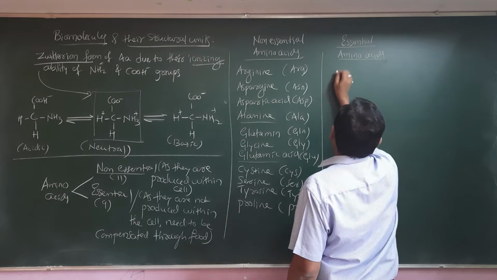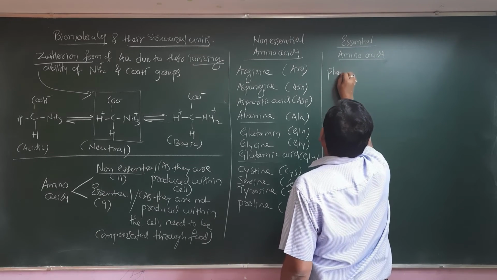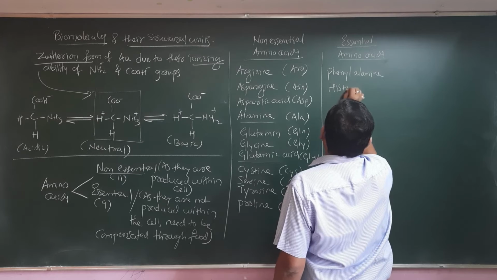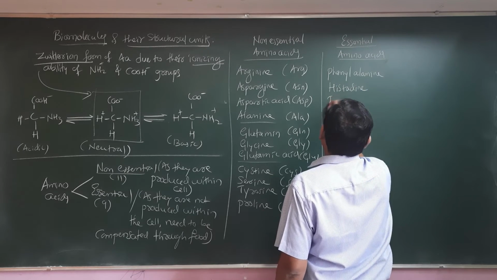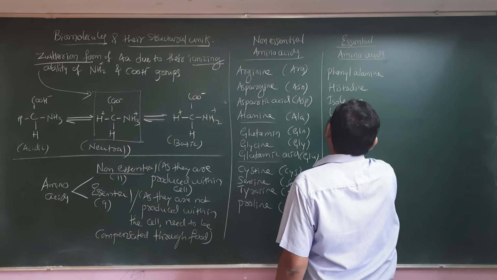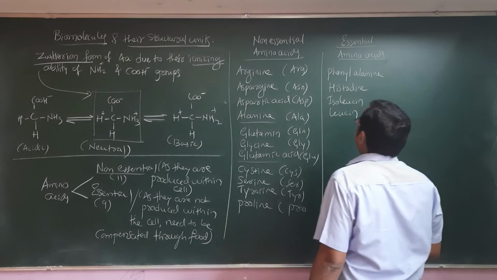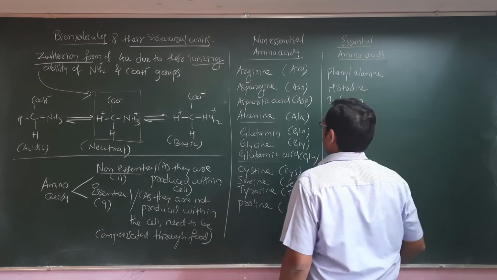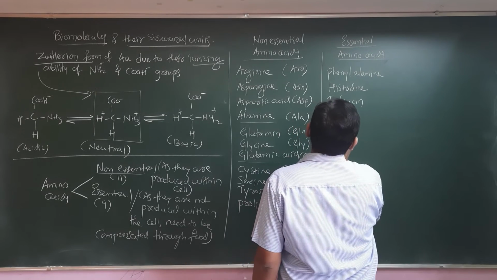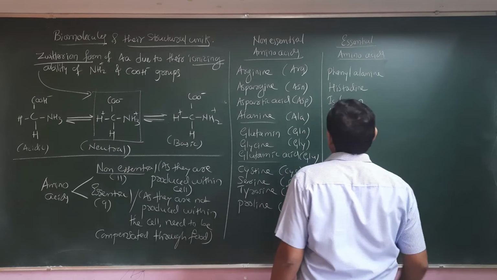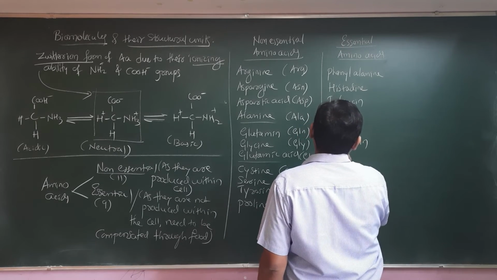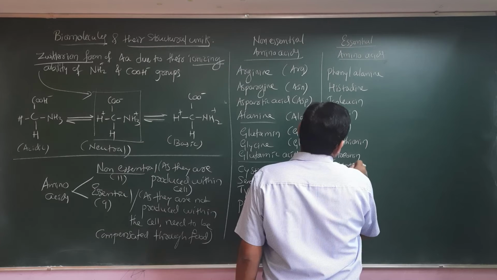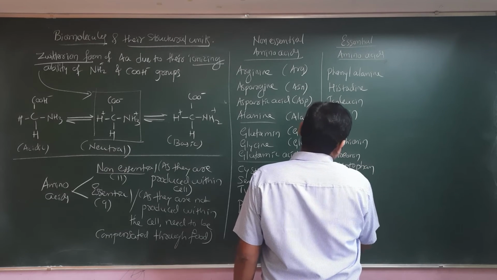They are phenylalanine, histidine, isoleucine, leucine, lysine, methionine, threonine, tryptophan, and valine.